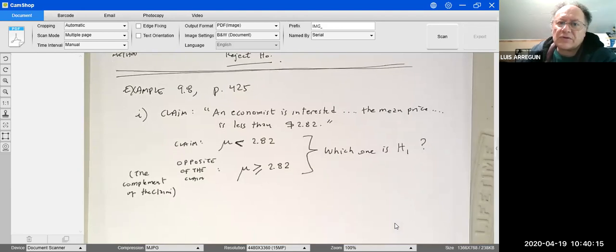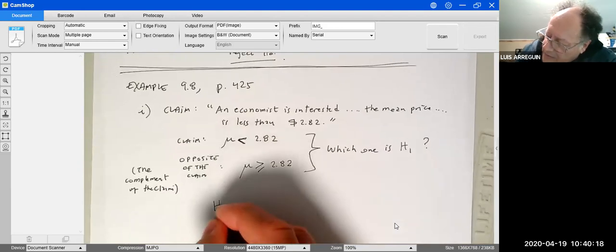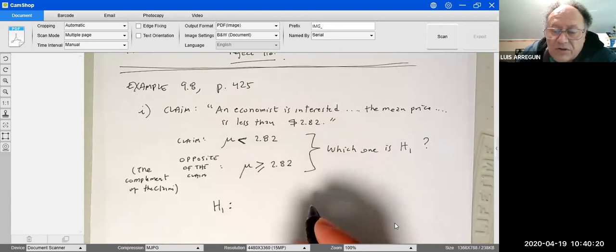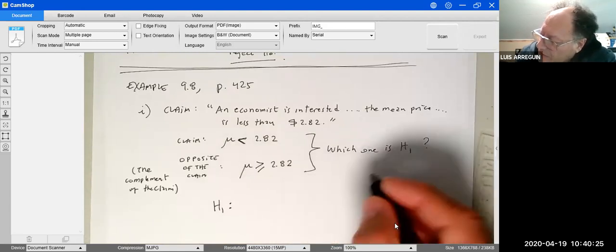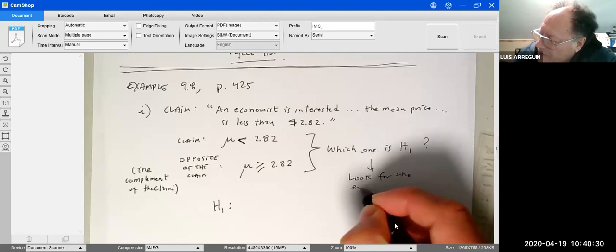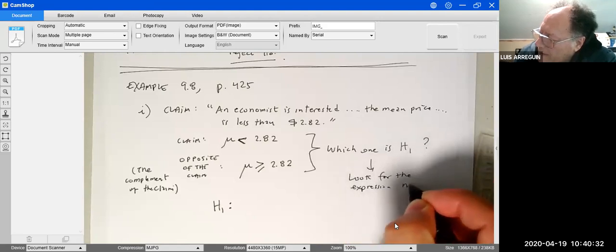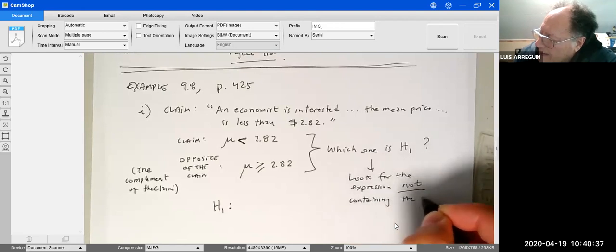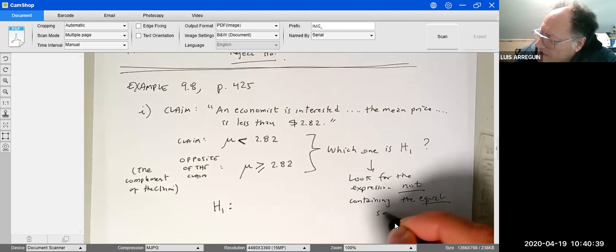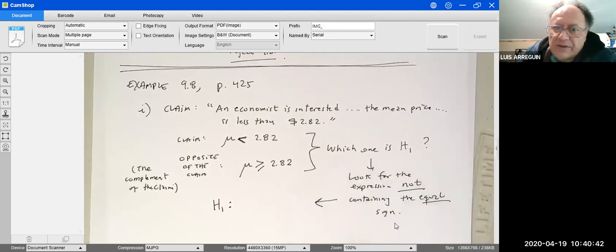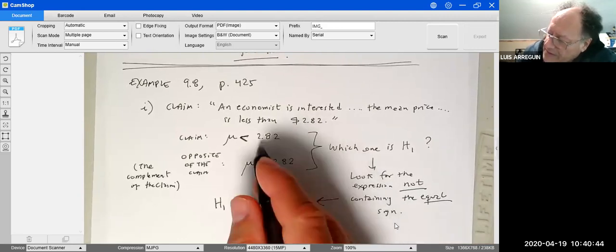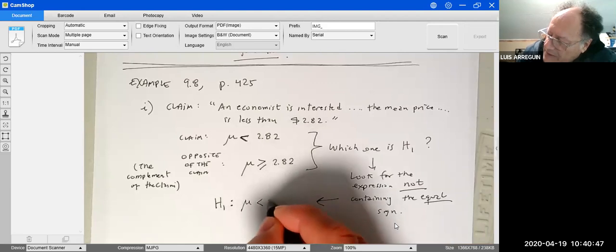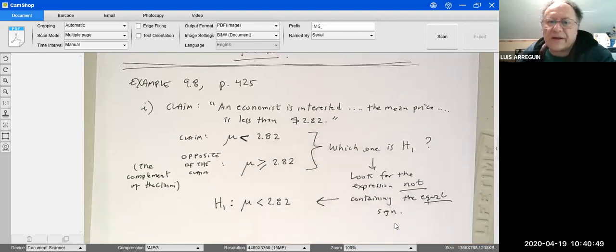H1 is going to be the expression that doesn't contain the equal sign. So look for the expression not containing the equal sign, and that expression is going to be your alternative. So in this case, mu less than 2.82 is my alternative.